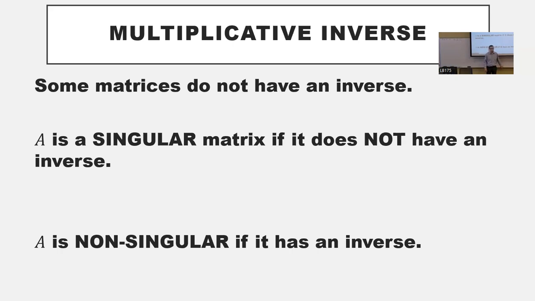There's nothing you can multiply by 0 to get 1. These matrices are kind of like 0. They're not the number 0, but they don't have a multiplicative inverse. So the ones that don't have inverses are singular. All the ones that do have inverses are called non-singular.